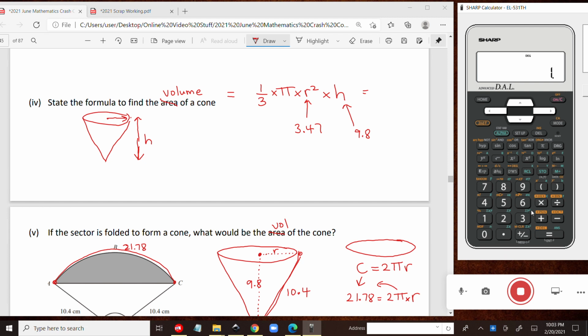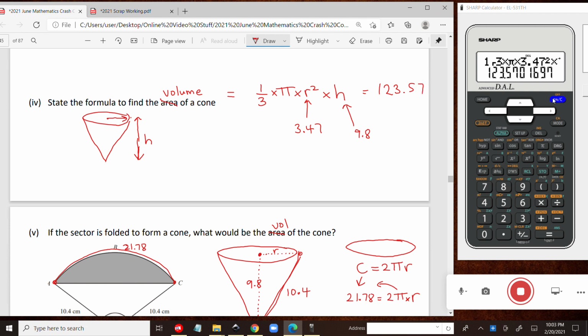Let me work out this. 1 divided by 3, that is 1/3. Or if you want to use the fractions button, 1 over 3, multiplied by pi, multiplied by 3.47 squared, because it's radius squared, multiplied by 9.8 gives me a volume of how much? 123.57.